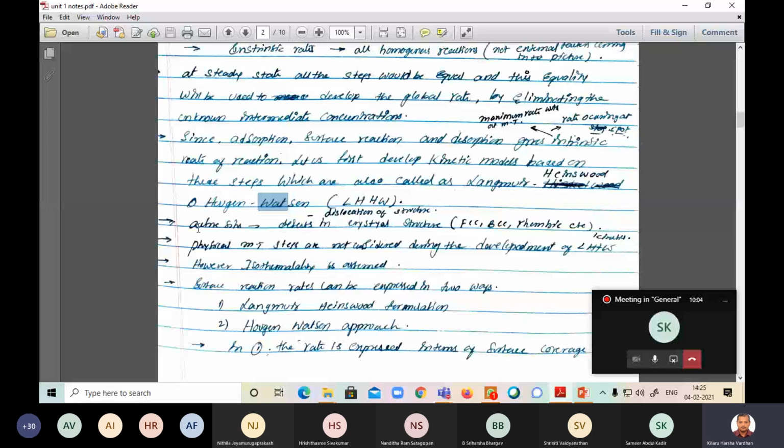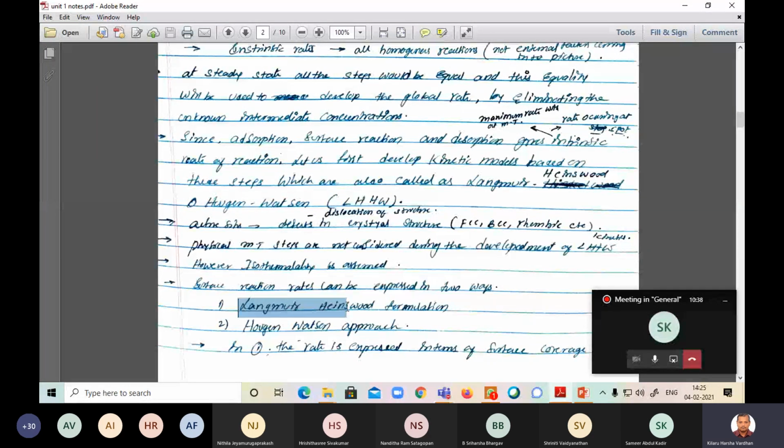This concept is based on an active site. You are assuming that the solid will have some active sites, so the gas will go and sit on the active site and react, right? Actually there are two models here: Langmuir and Hinshelwood, LH kinetics, and Hougen and Watson, one more fellow. Generally they are clubbed together to give LHHW kinetics.